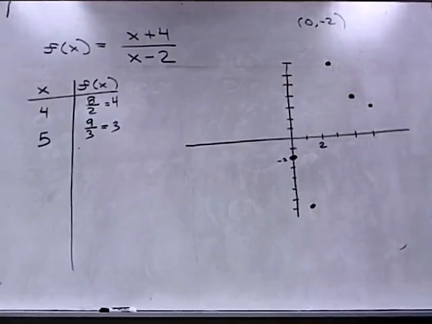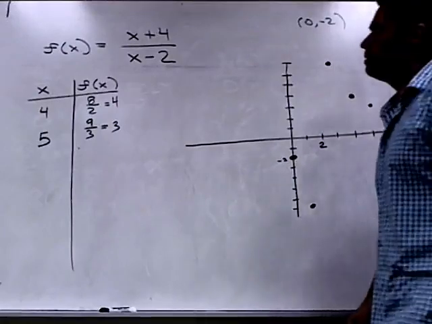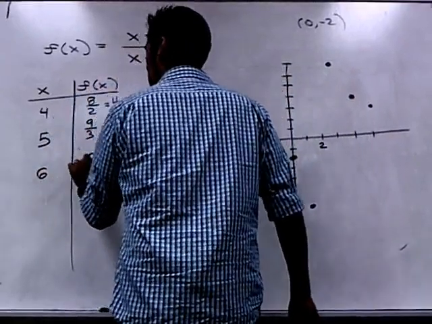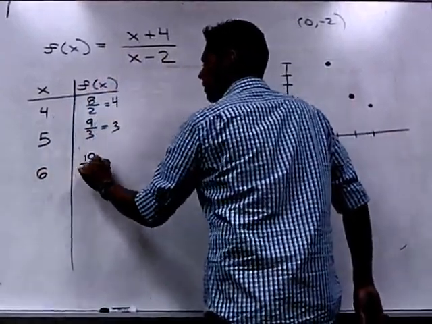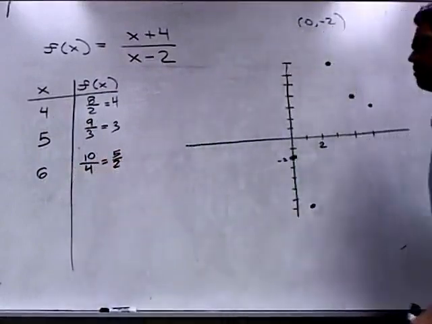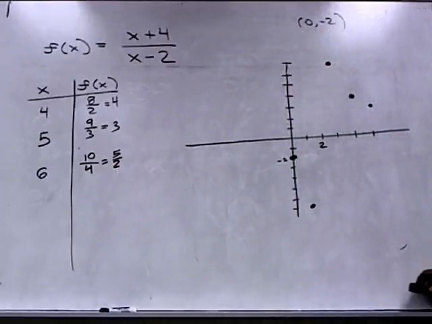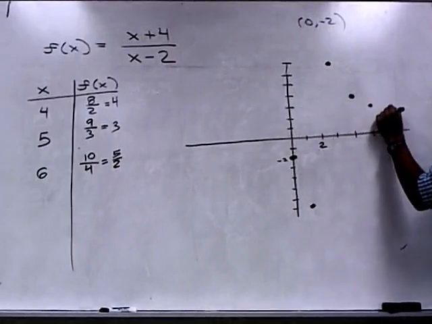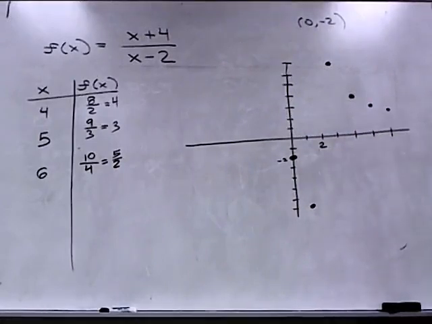Let's go maybe one more. What happens at 6? 10 over 4. 10 over 4 is the same as 5 over 2, right? What's that? 2.5? So now I'm at (6, 2.5). I'm right here. So it still looks like it's coming down.